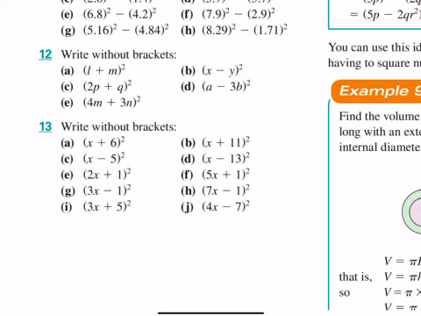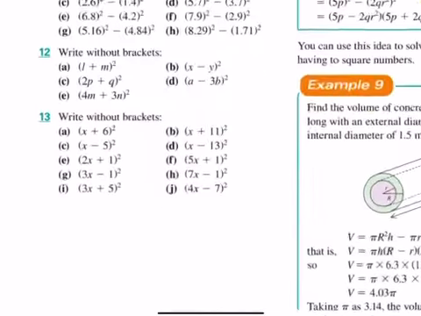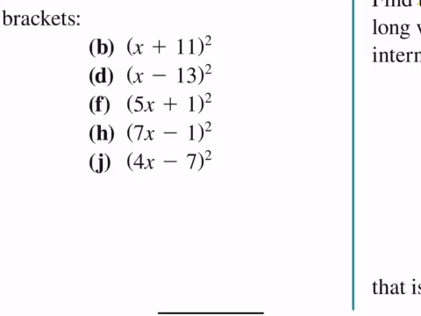Which page is that again? It's the first: a plus b squared. Page 341.